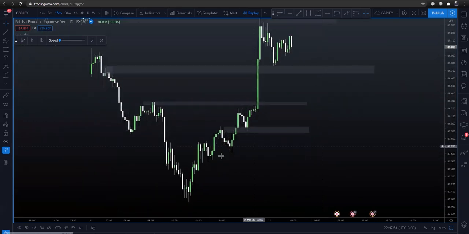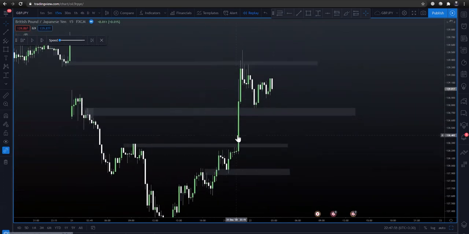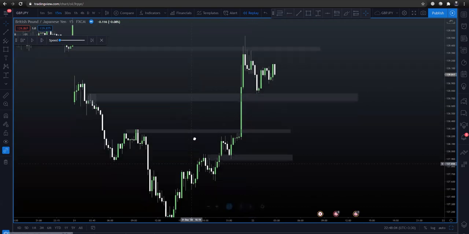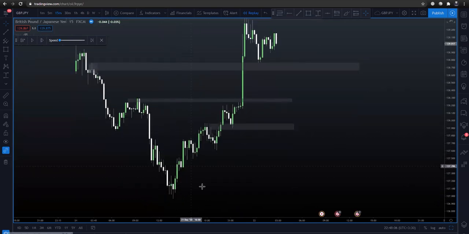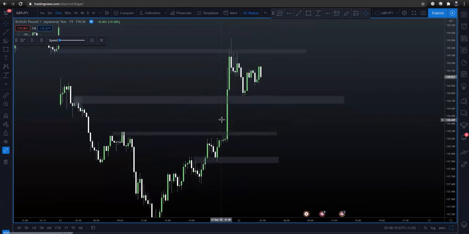When you see a trend that contains many bullish or green candles, or many bearish candles, look at how far it is from the origin of movement. For example, the origin of movement could be around that area, and the farther you go up, the riskier the buys will be.